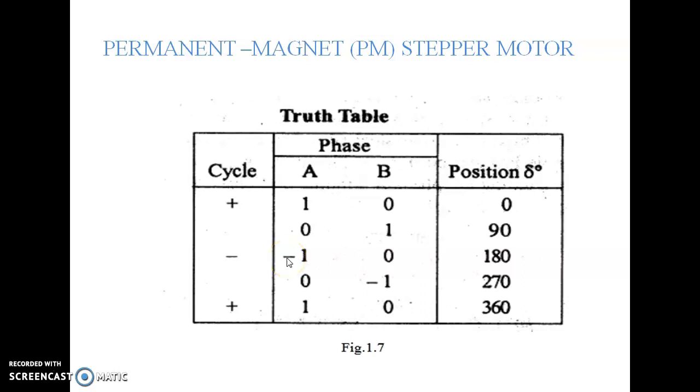When negative reverse input is given, A is energized, B is not energized, then the position is 180 degree. When A is not energized and B is negatively energized, the angle position will be 270 degree. And again for the next positive half cycle, A is excited, B is not excited. The angle position will be 360 degree.